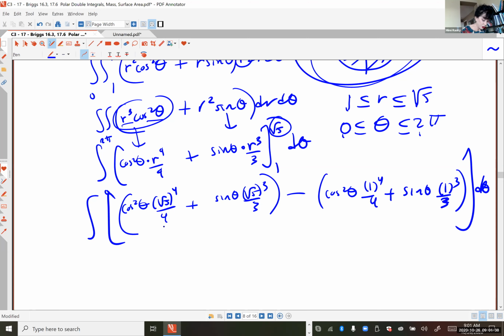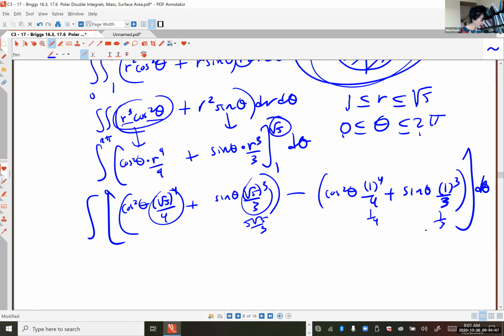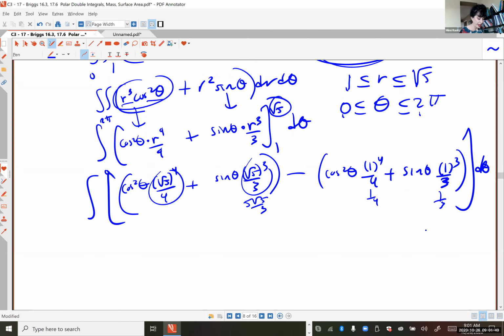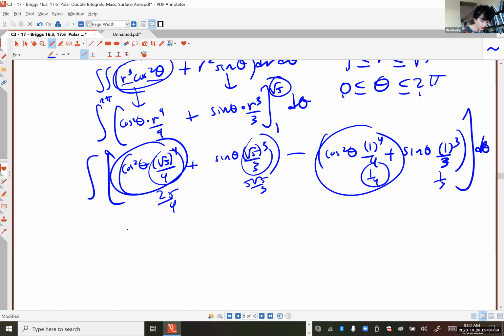Okay, so this is 25/4, this is 5 root 5/3, this is 1/4, this is 1/3. I'm going to combine like terms. I'm going to take these cos squared theta terms, and I have 25/4 over here minus 1/4 over there, but that's 24/4, which reduces to 6. So there, I just combined those like terms.